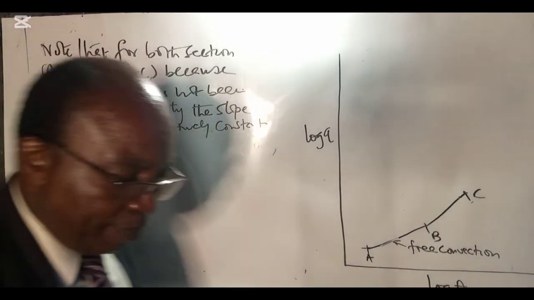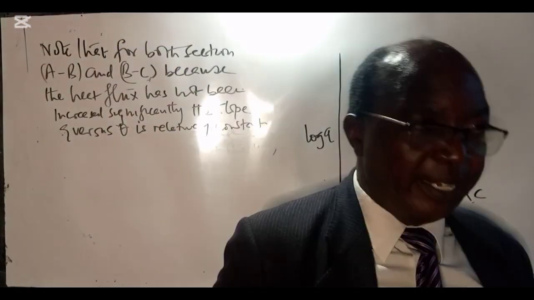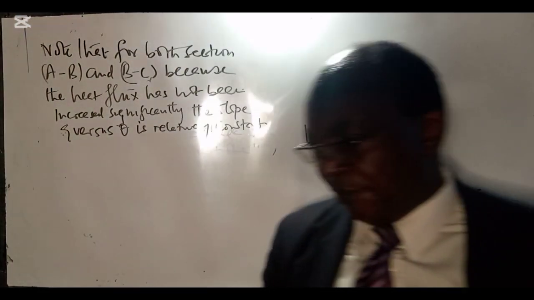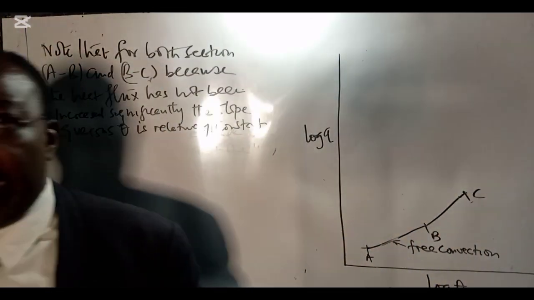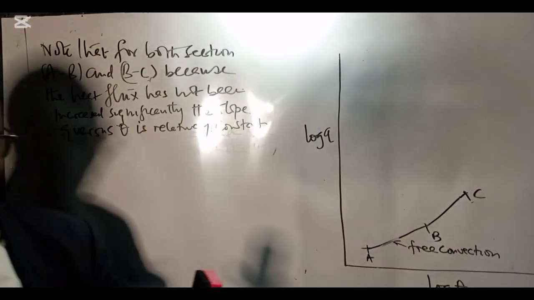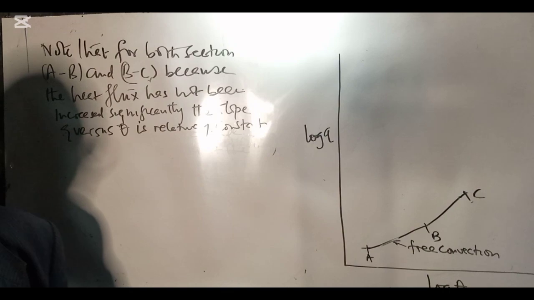But now in sections B and C, where we have increased the heat flux reasonably more than in section A to B, we will generate some vapor bubbles.